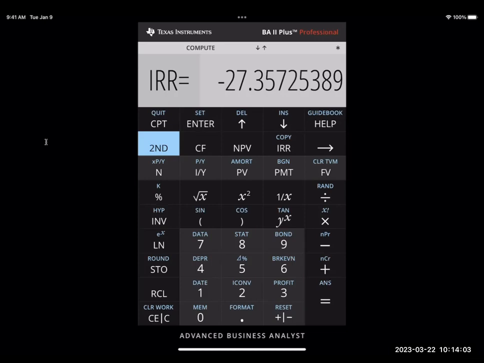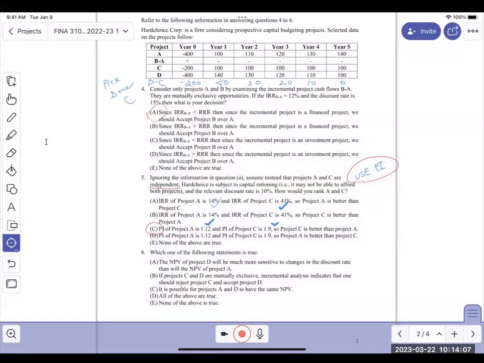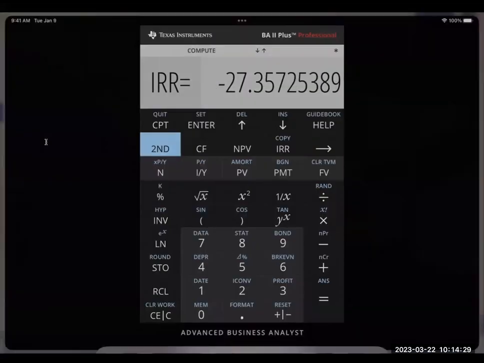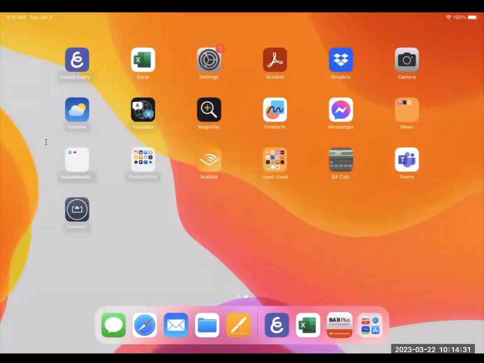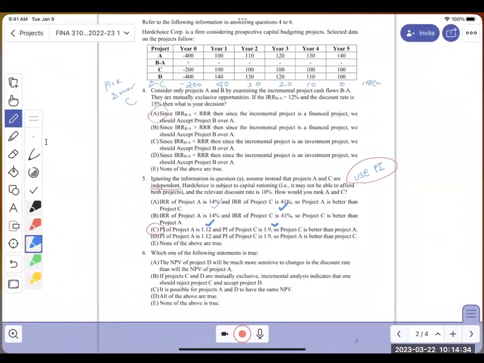What would that mean if I did it like this? So if I did it like this, IRR is equal to negative 27%, 27.4.